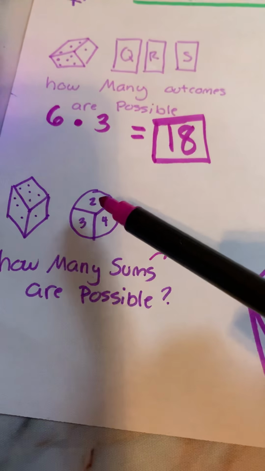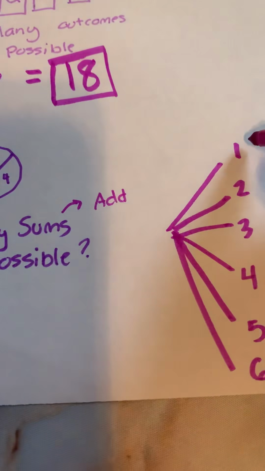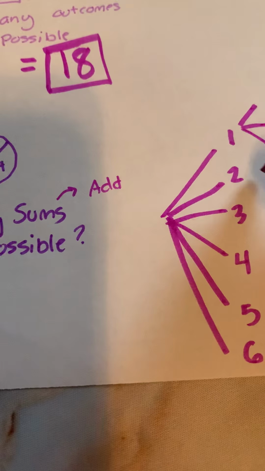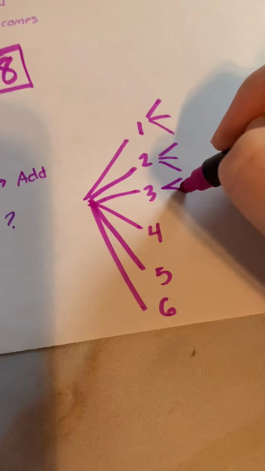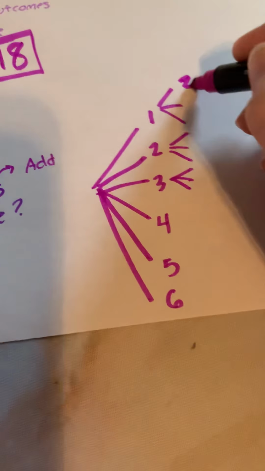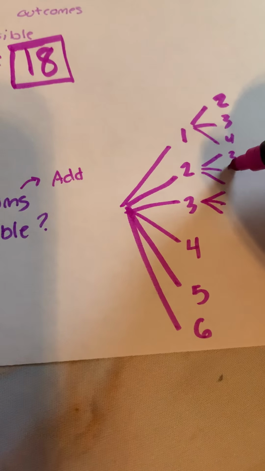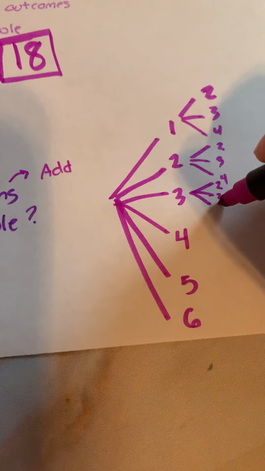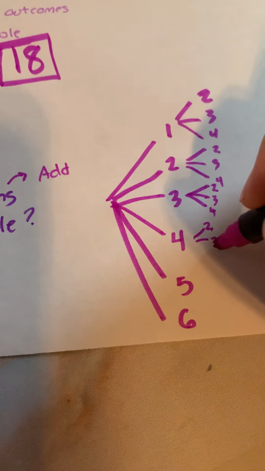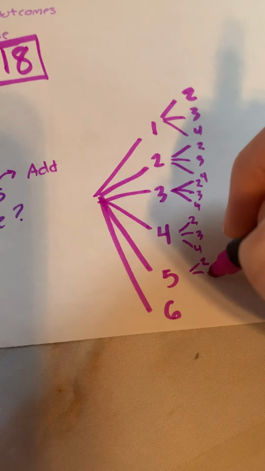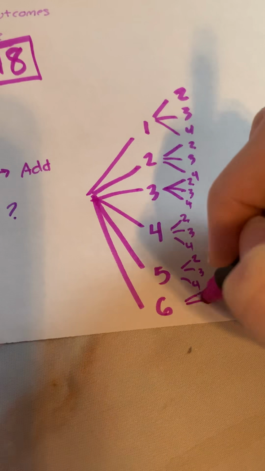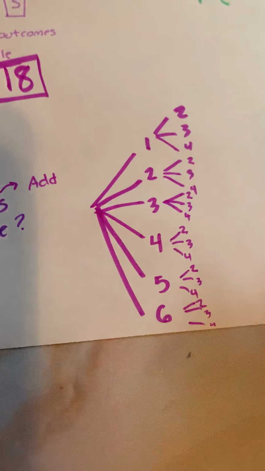The spinner has 3 things, a 2, a 3, or a 4. So for each one of these, 3 different things can happen: 2, 3, 4 for each number on the dice.